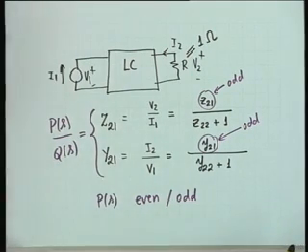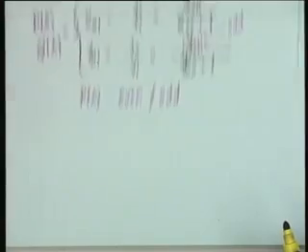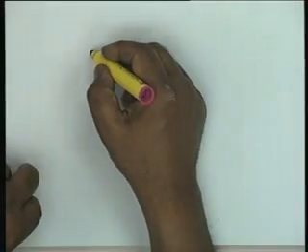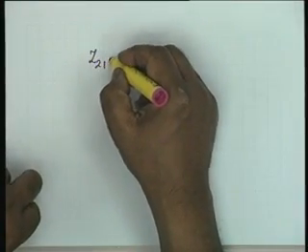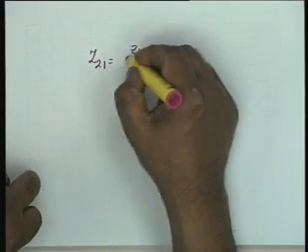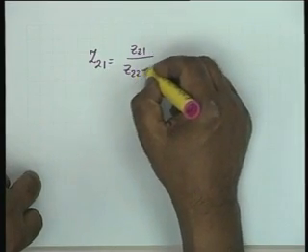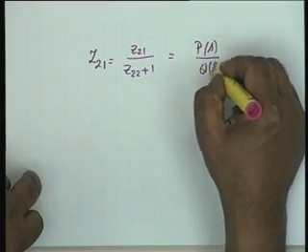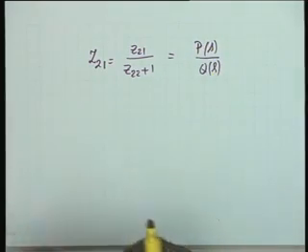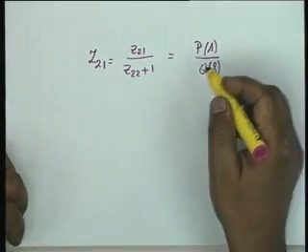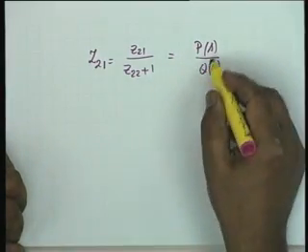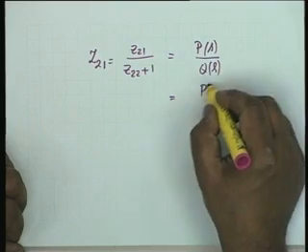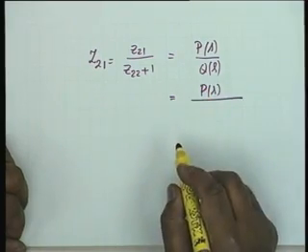Therefore, to be specific, let us say the problem is to synthesize a given capital Z21, P of S by Q of S, in the form of an LC ladder terminated in a resistance. The given P of S has to be either purely even or purely odd.